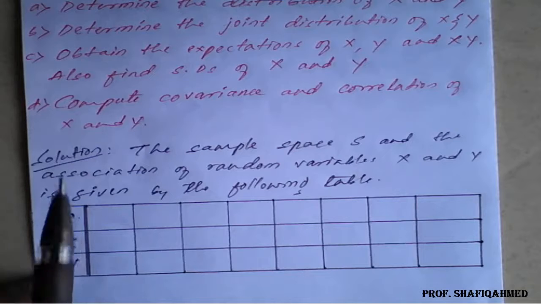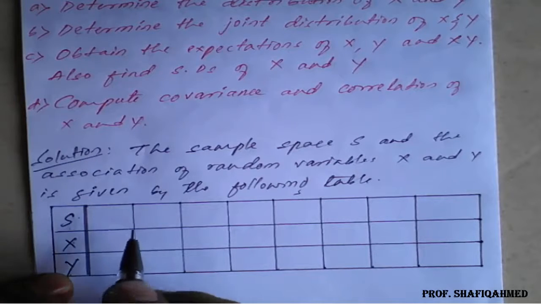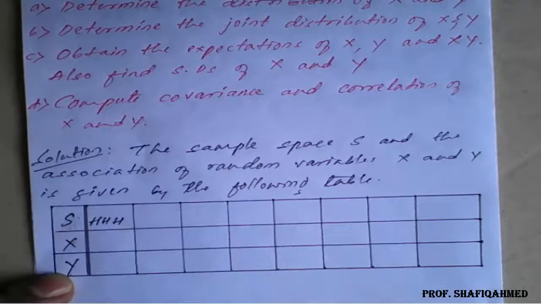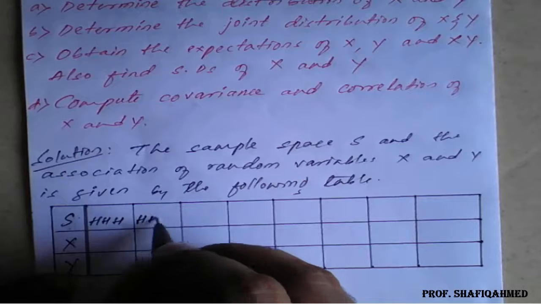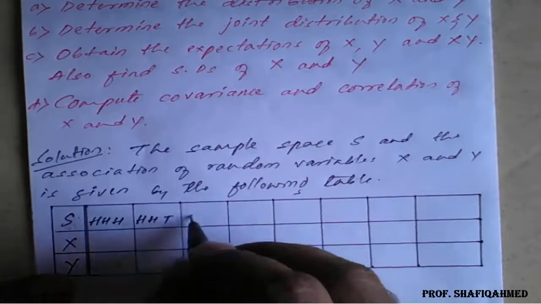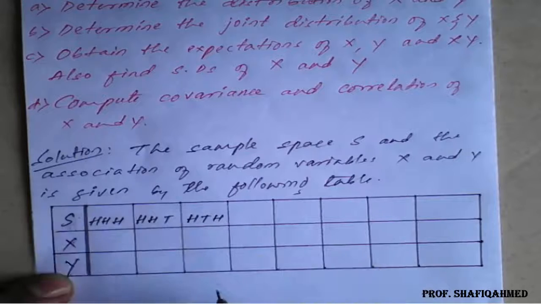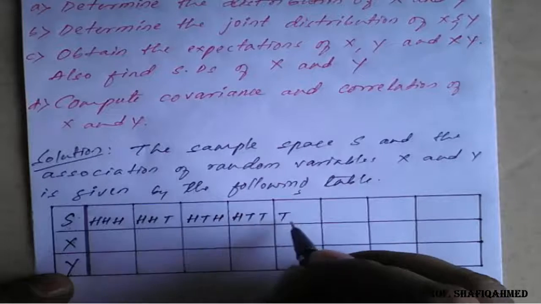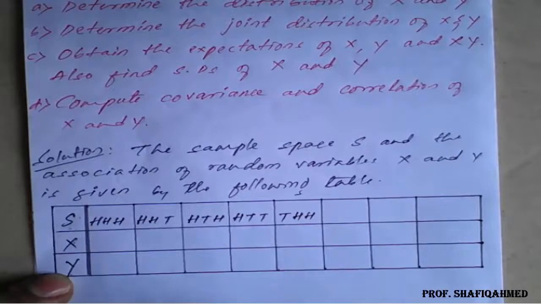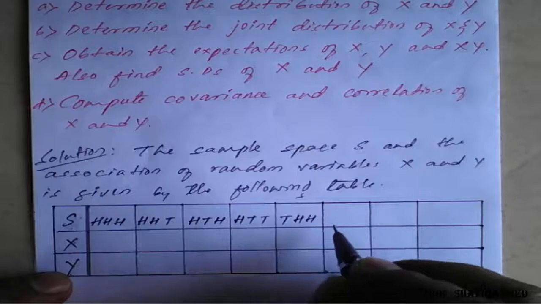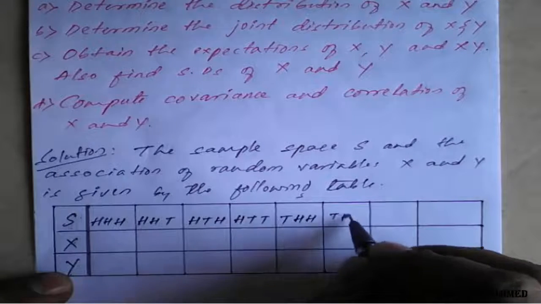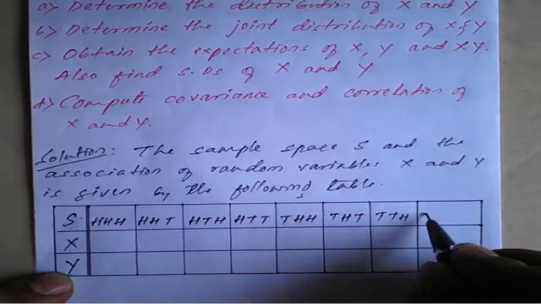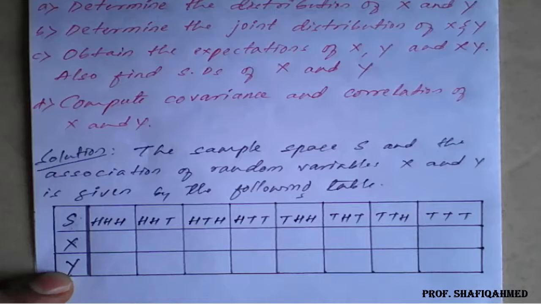If a coin is tossed thrice, we get these results: HHH, HHT, HTH, HTT, THH, THT, TTH, TTT.